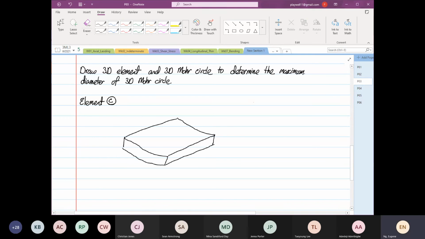Okay, so I will construct our transformation X, Y, and Z. I'm going to draw the hidden lines because it's the outer surface we're going to look at.